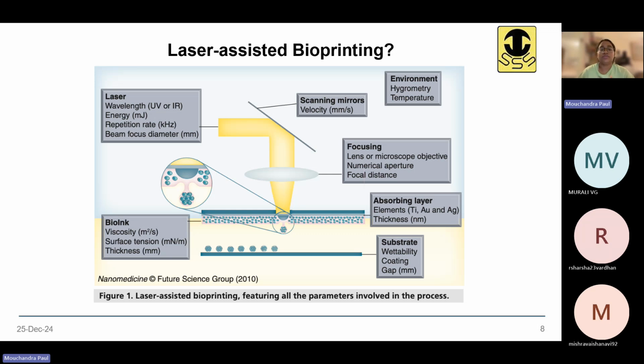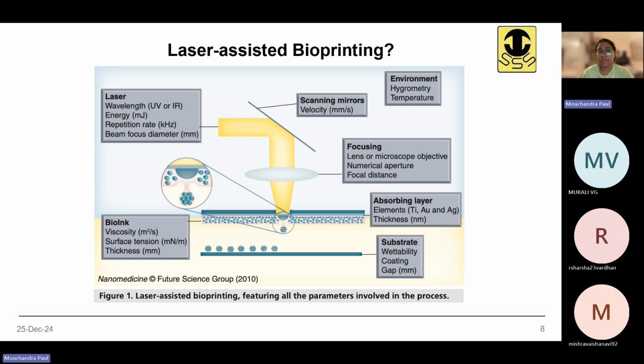All right. So in this particular printing method, formation of the droplet has to happen when you overcome the surface tension at the interface of the bioink. All right. So I guess more or less you understood now how the process is going to happen.